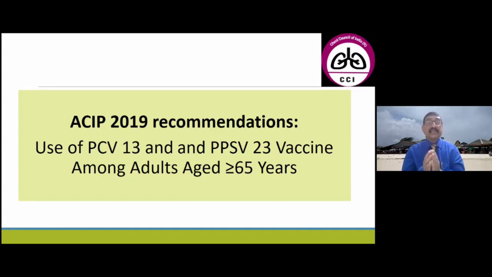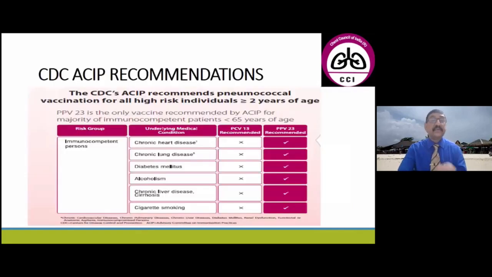So as per the ACIP 2019, both vaccines should be reserved for adults more than or equal to 65 years of age. Coming to the CDC ACIP recommendation, the CDC ACIP recommends pneumococcal vaccination for all high-risk individuals more than or equal to 2 years of age.